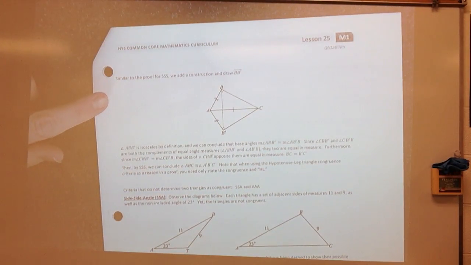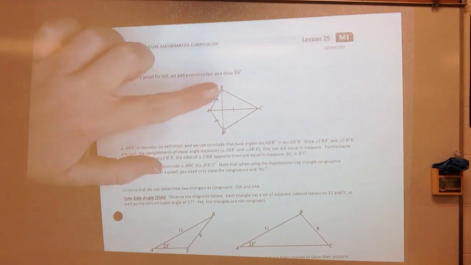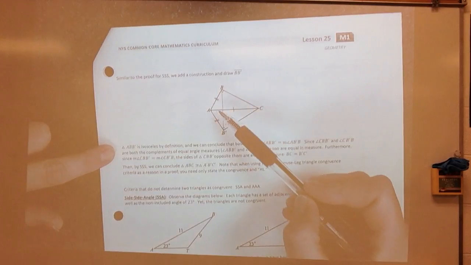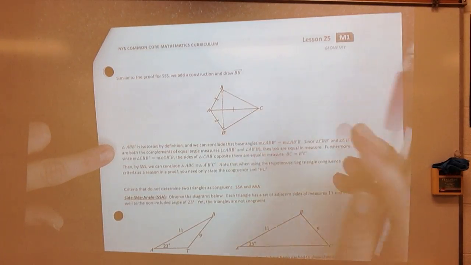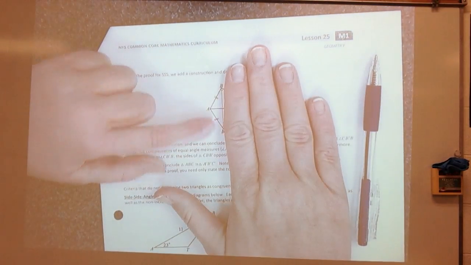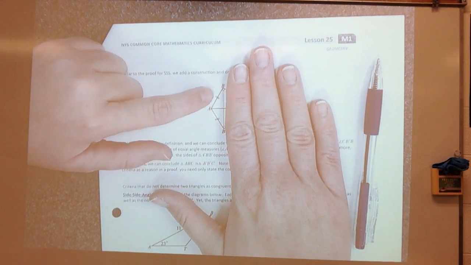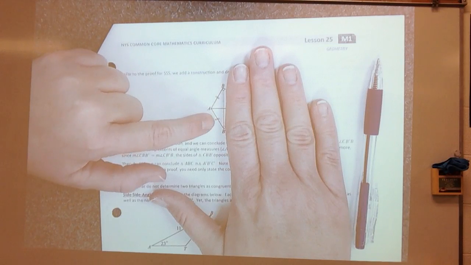Similar to the proof for side, side, side, we add a construction and draw B prime. Triangle AB prime is isosceles by definition. Alright, so we're looking at triangle AB prime, this small little triangle here. This is an isosceles triangle because we know that two sides are equal.